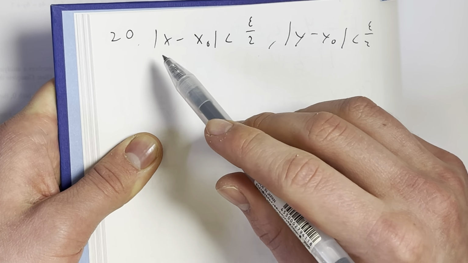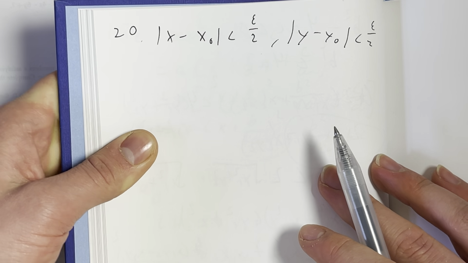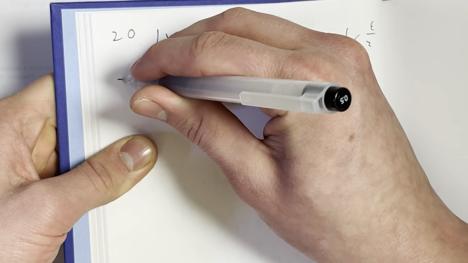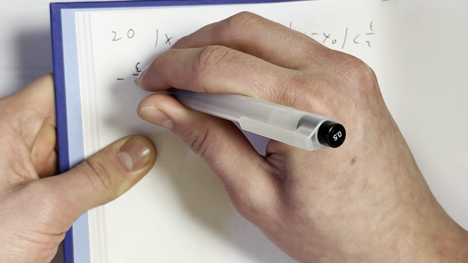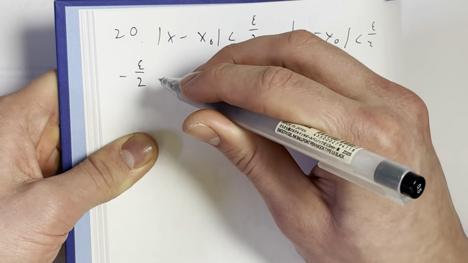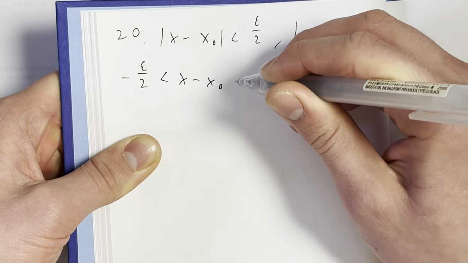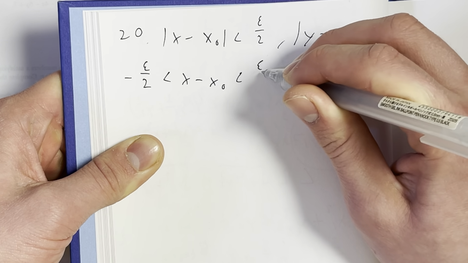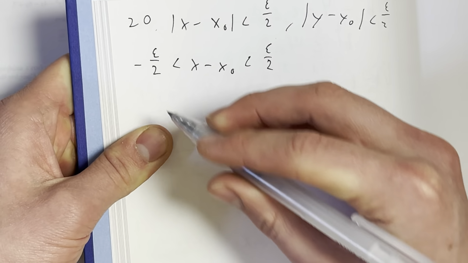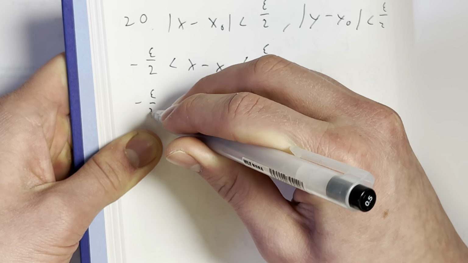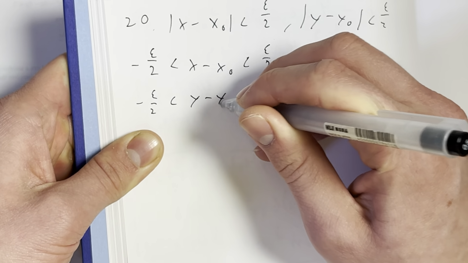So if we just remove these absolute value signs, we get negative epsilon over 2 is less than x minus x0, and similarly for the y.